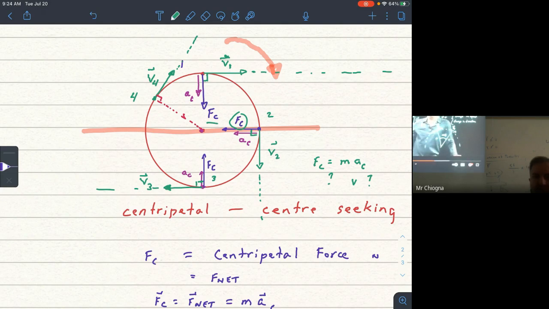Remember something about these triangles. Even though they're different directions, the radii are the same magnitude. So the length of RI is the same as the length of RF. The length of VI, since it's constant speed, is the same as the length of VF.